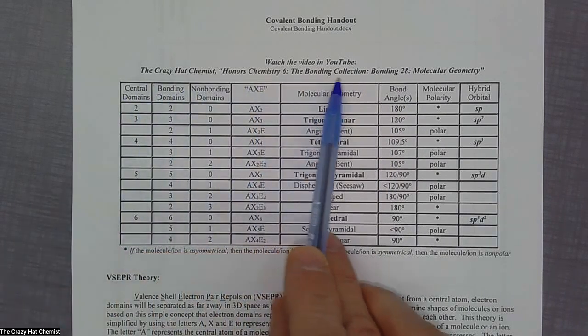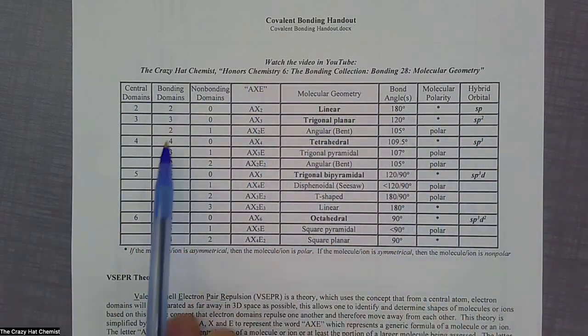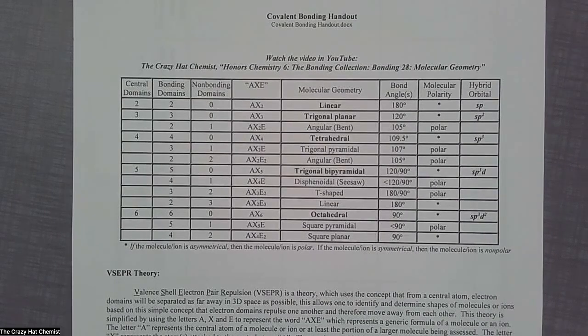That video describes exactly what this entire chart means, and you really need to be familiar with this chart. You do need to know certain things about it, okay? So let's go over some of those poignant items right now.